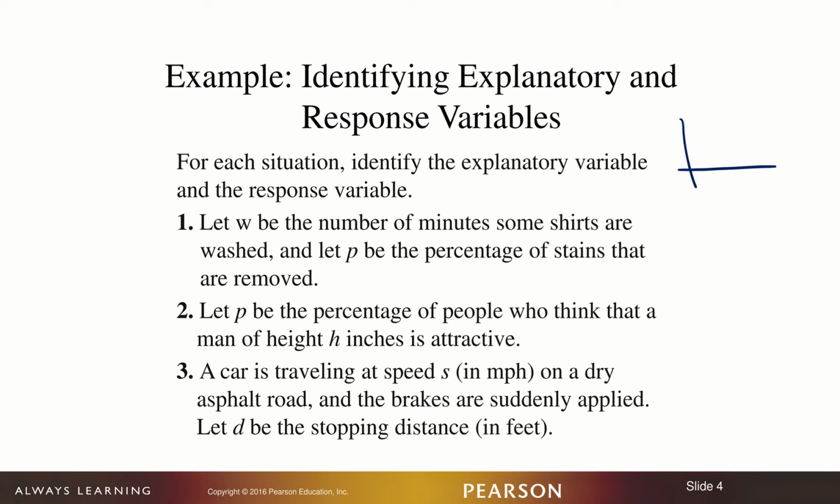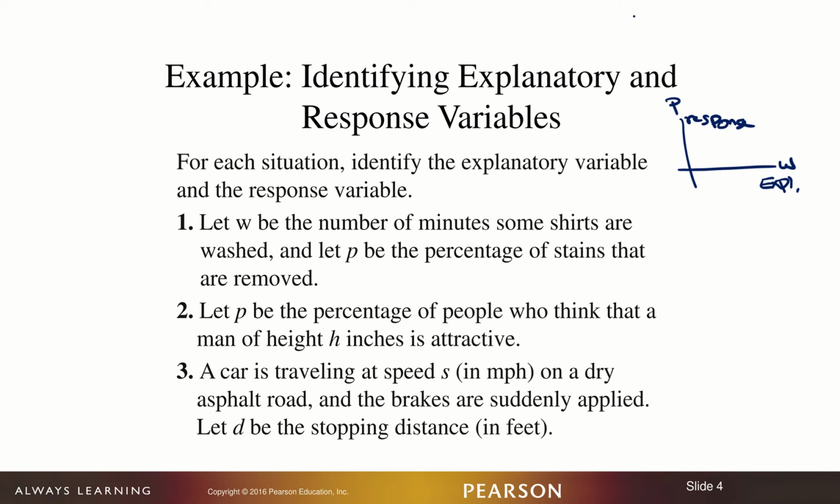If we're going to do the graph, we're going to represent the number of minutes of washing horizontally, because that'll be our explanatory variable, and we'll represent the percentage of stains that are removed vertically. And so, again, W will be our explanatory variable and P will be our response variable.